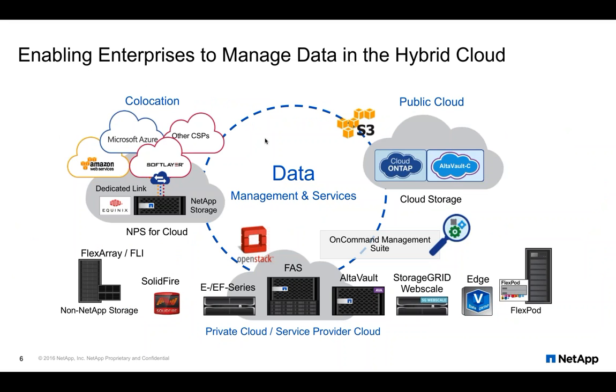Now, looking at what we have to offer for our products and services, on the bottom, you can see all of our products. These are all available to you in a private cloud or in your traditional data center. It's also what our service providers use. But if you want to take advantage of our products with the cloud, that would be the cloud in the left-hand corner. That's NPS for cloud, NetApp Private Storage.